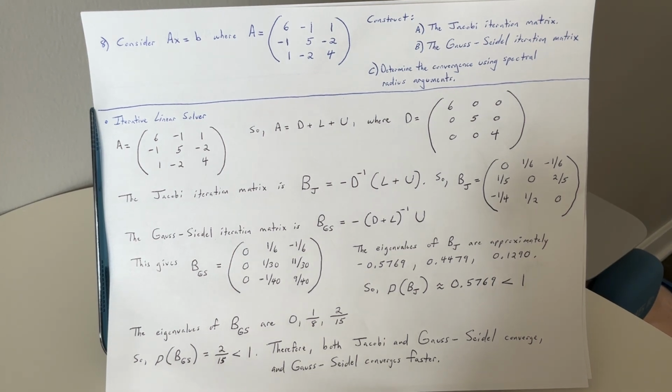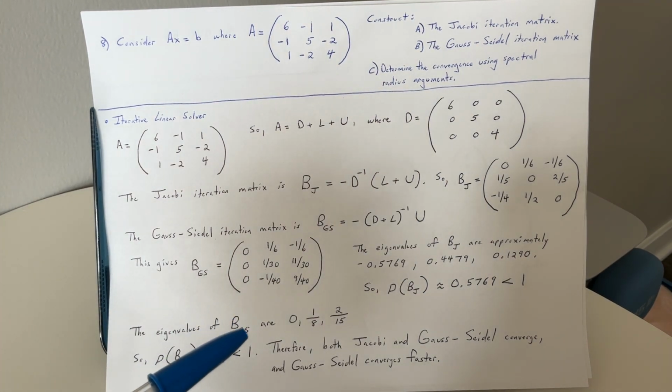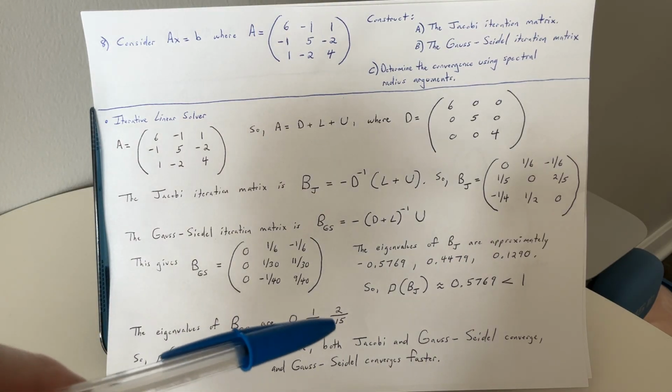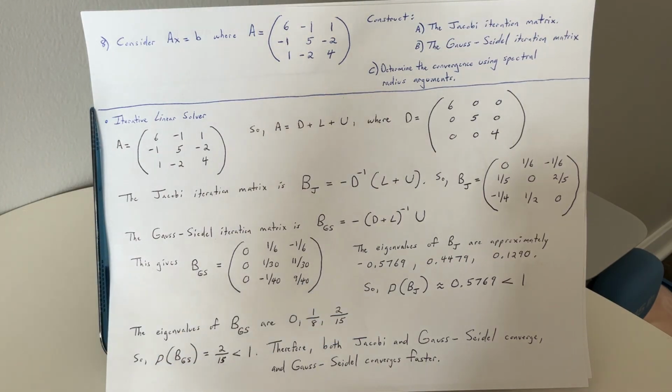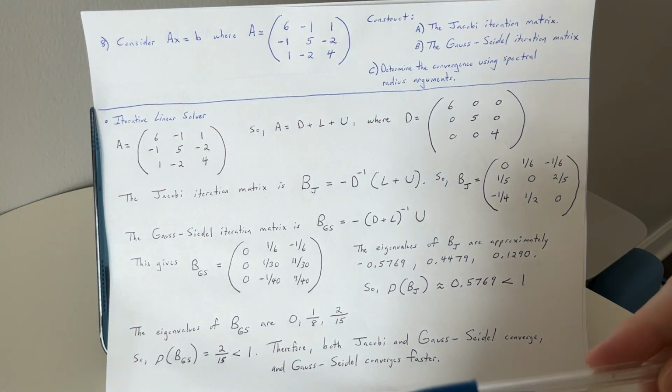So the eigenvalues here of B sub GS are 0, 1/8, and 2/15. And so rho of B sub GS equals 2/15. That also happens to be less than 1. So what we could say here is therefore both Jacobi and Gauss-Seidel converge, and Gauss-Seidel happens to converge faster.